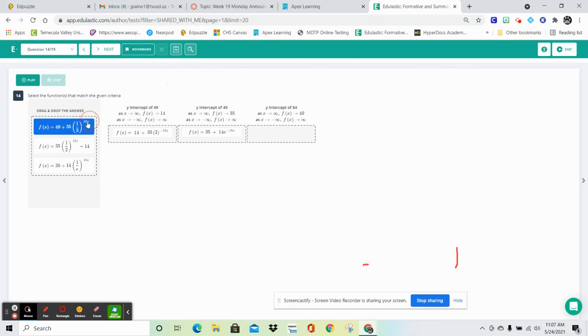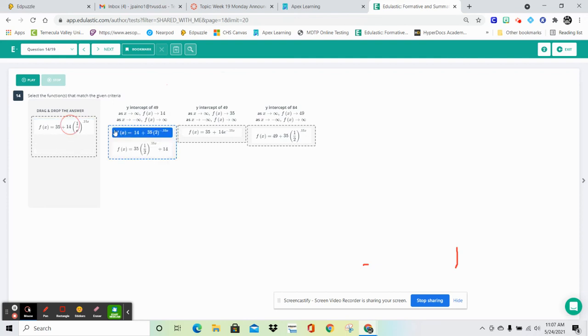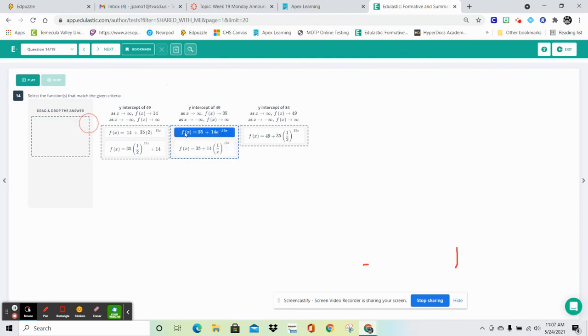Here you plug in 0, you get 35 plus 49, so that's a y-intercept of 84, the only choice there. My right end behavior will approach 49. That's my horizontal asymptote. Here, again, 35 plus 14 is 49, and the horizontal asymptote is 14. And then here, it's 35.